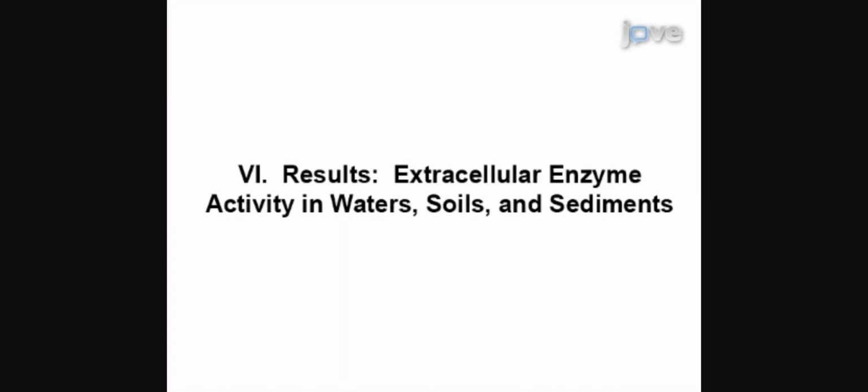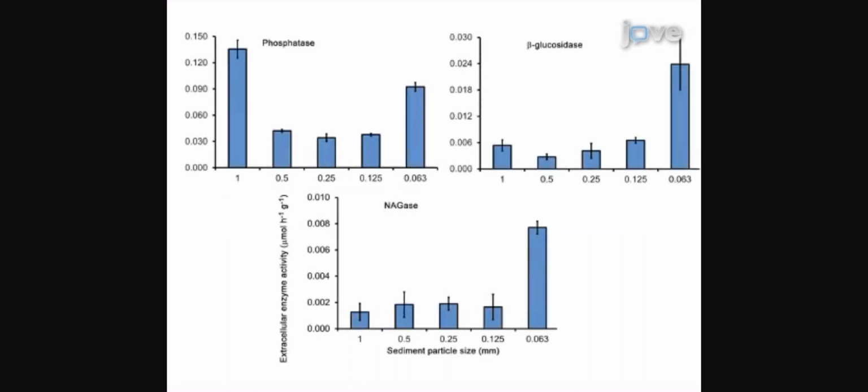Soils and aquatic sediments typically have appreciable levels of extracellular enzyme activity as a result of attached microbial communities growing on the surface of particles. This figure shows how this activity changes depending on the size of particles obtained from the surface sediment of a third-order stream in northern Mississippi, USA.